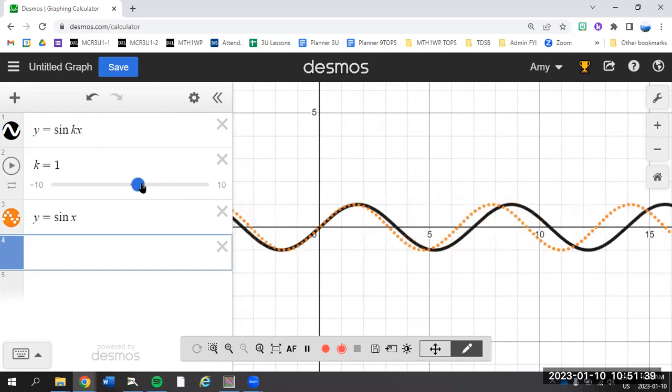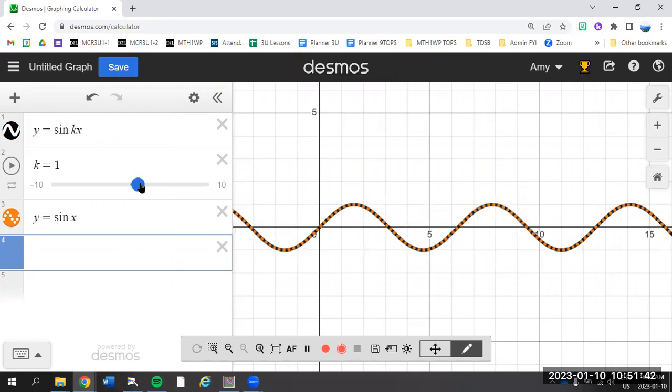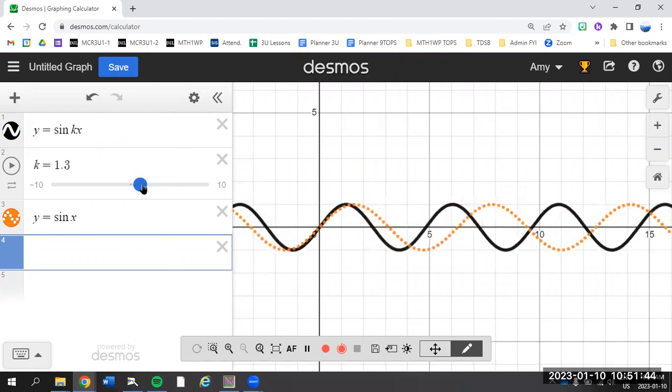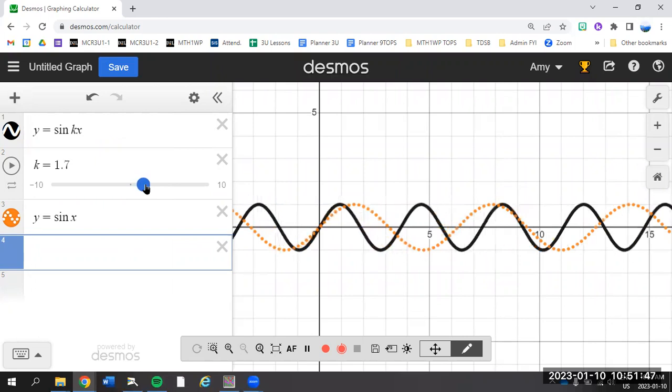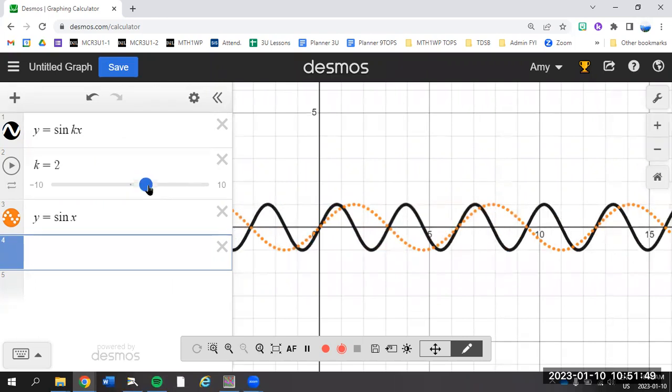So you can see this is what it looks like originally. When my k value is 2, you can see that we are implementing a compression. Does everyone see that? So what used to be 1 cycle, now how many cycles are going to occur? 2 cycles. Okay, so your k value is also equal to the number of cycles that occurred in your original period. Okay, so how many cycles will occur when my k value is 3? 3 cycles.